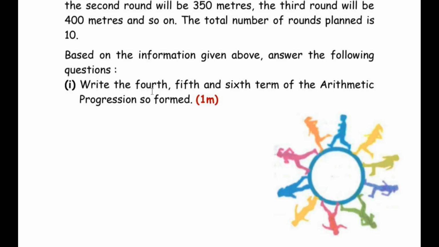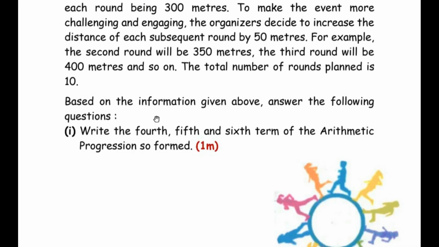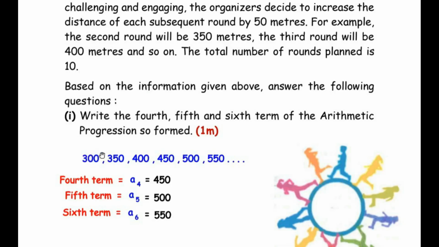So here we need to find out what is the 4th, 5th and 6th term of the arithmetic progression so formed. So let us start generating the sequence now. The first distance covered is 300 meters and then it is going to increase by 50 meters. So it starts as 300 meters, then 350, 400, 450, 500 and 550 and it goes on.